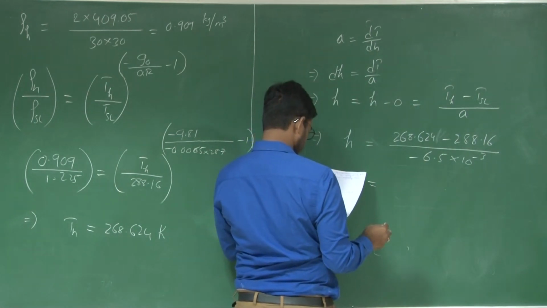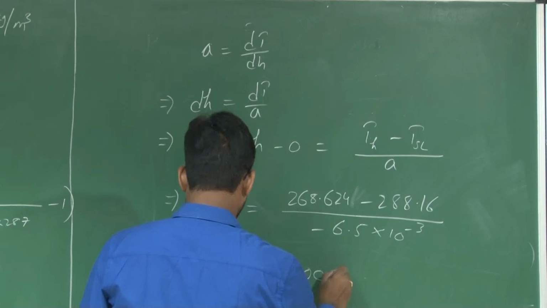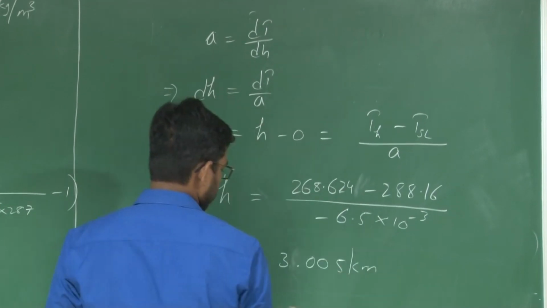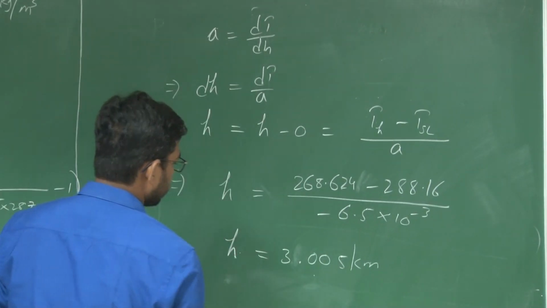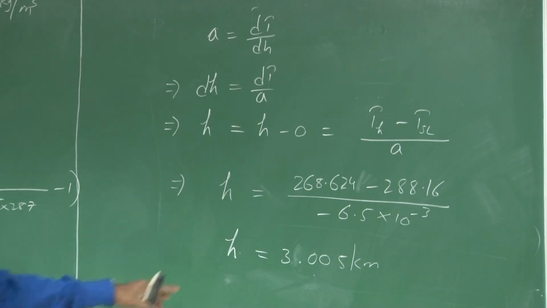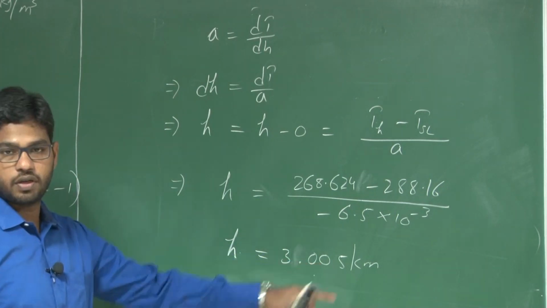This equals 3.005 kilometers, is what you have, the h here is 3.005 kilometers.